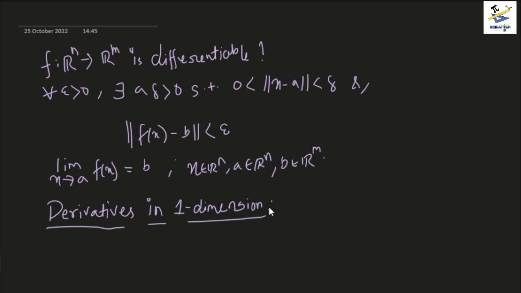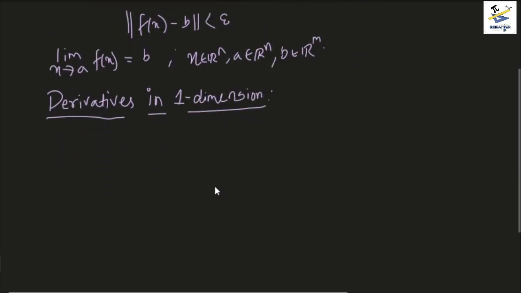We knew that a function f from R to R is differentiable at a in R if there is a number f dash a such that the limit as h tends to 0 of f of a plus h minus f of a, divided by h, equals f dash a. Let me just write down the definition for the one-dimensional case.